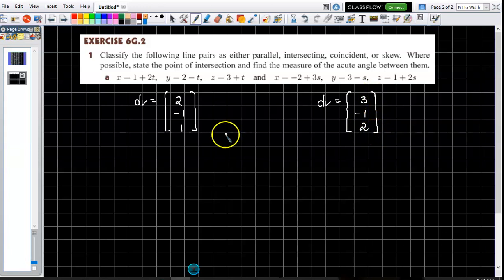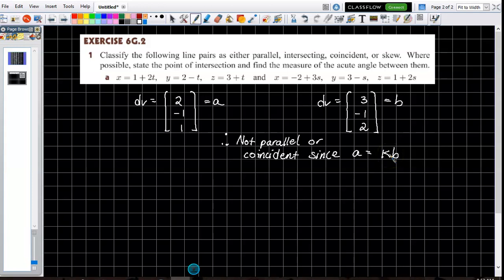So therefore not parallel or coincident. Let's say that's A and that's B, since A doesn't equal k lots of B. You can't times one by a value to get the other.